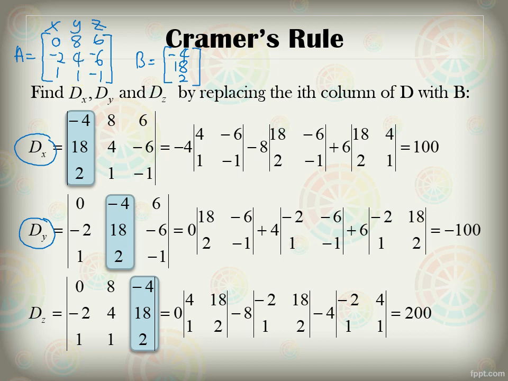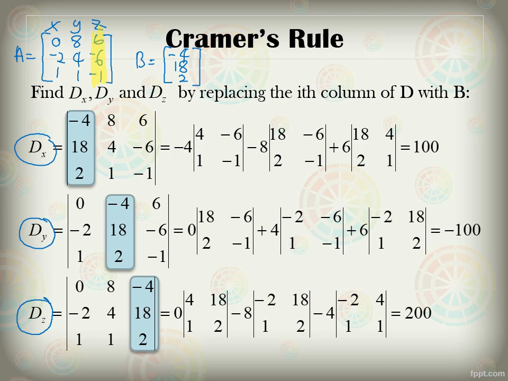Lastly is finding the determinant for z. Same process: we delete the elements in column z. Column x and column y elements will remain the same, so 0, minus 2, 1, 8, 4, 1 remain.